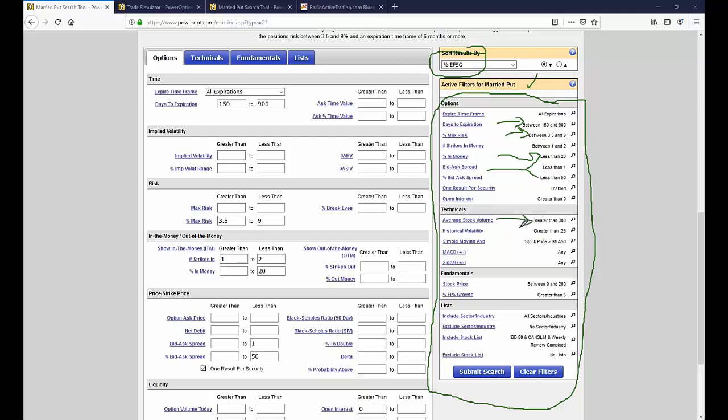Average stock volume, I usually increase that, but it's greater than 300,000. We want some volatility. We usually specifically look for stocks that have a 25% historical stock volatility. And yes, we want a stock in an uptrend. $9 and $200, that's personal preference. Earnings per share growth, I want to keep that.